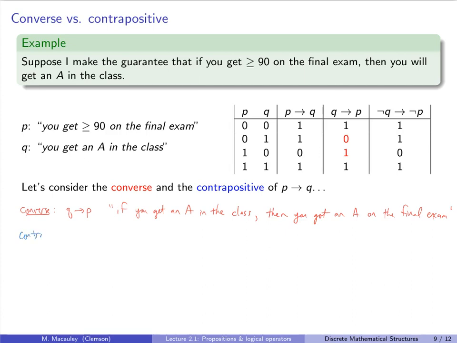So this is not Q implies not P. And this says, if Q is false, that means if you didn't get an A in the class, then you got below 90 on the final. That is equivalent to the original statement.